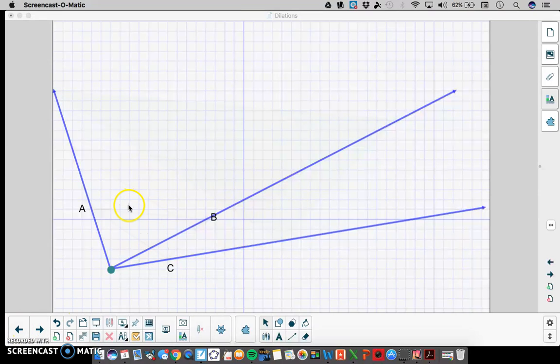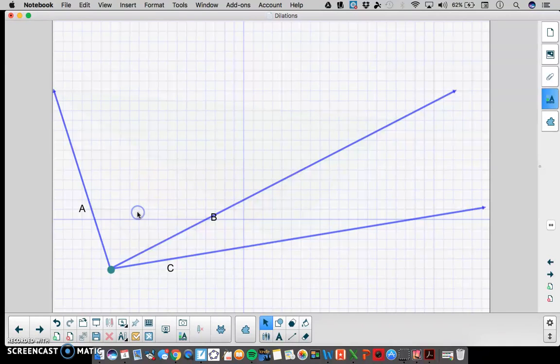So in this picture here, I'm given this triangle ABC, and I'm going to dilate this figure using my projection model. So I'm saying, well, this little dot right here, we're going to call the center of dilation. And that's the point from which I'm going to dilate.